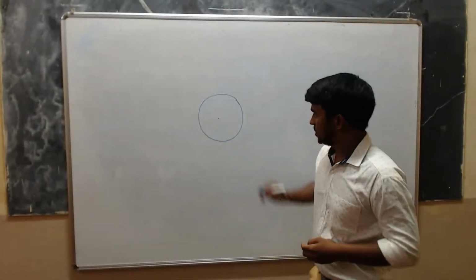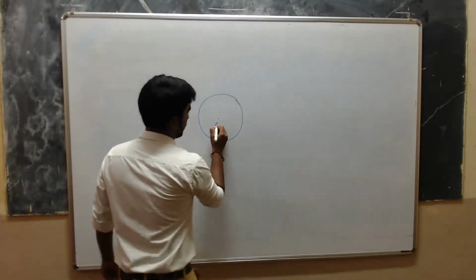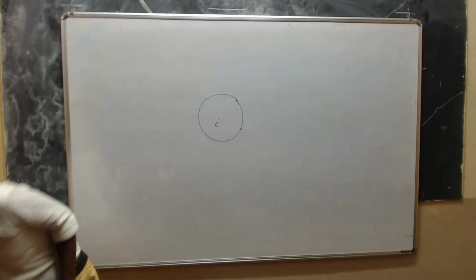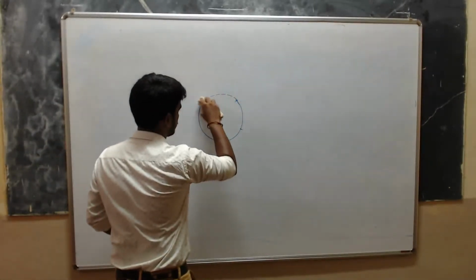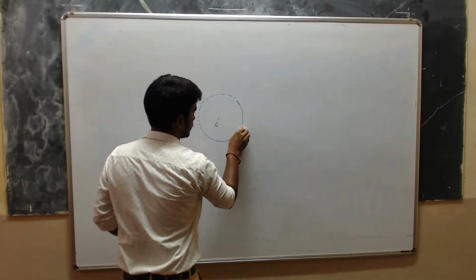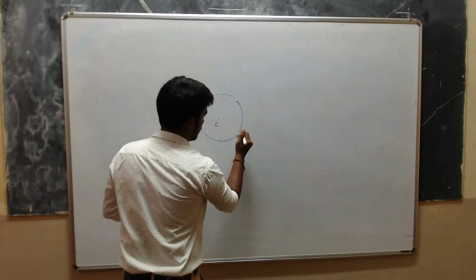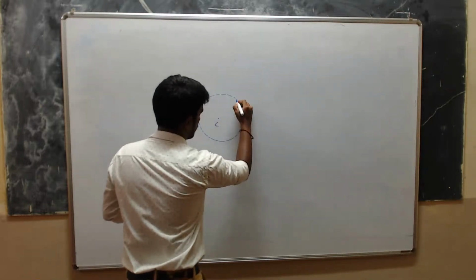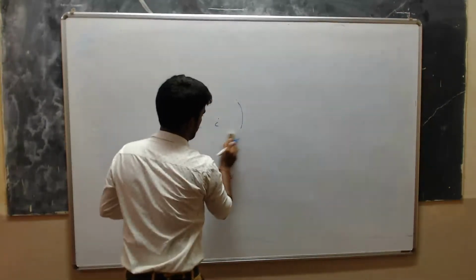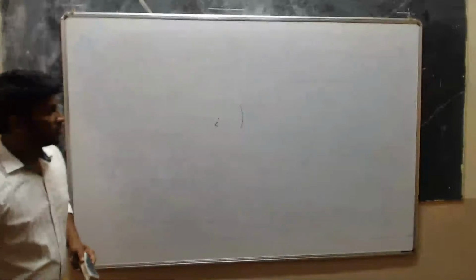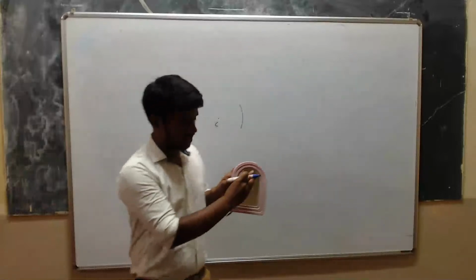Now, this is a circle and this is the center. Just cut here, here and here. See here, this one we call the reflecting surface.